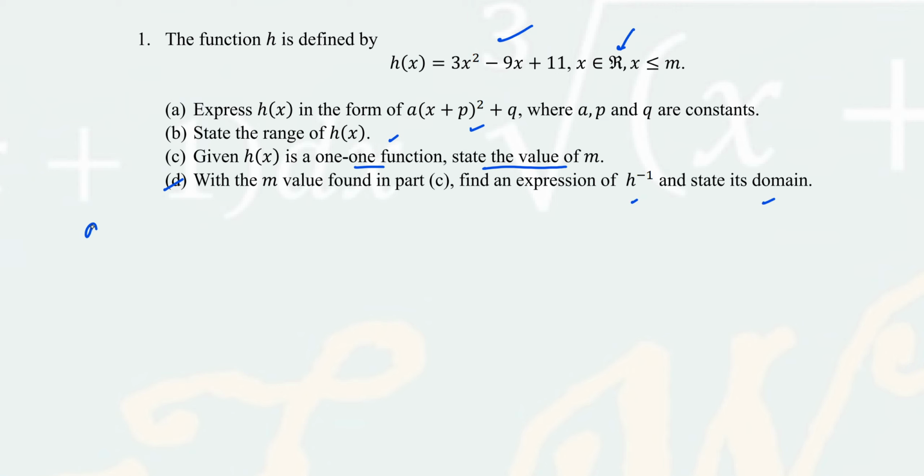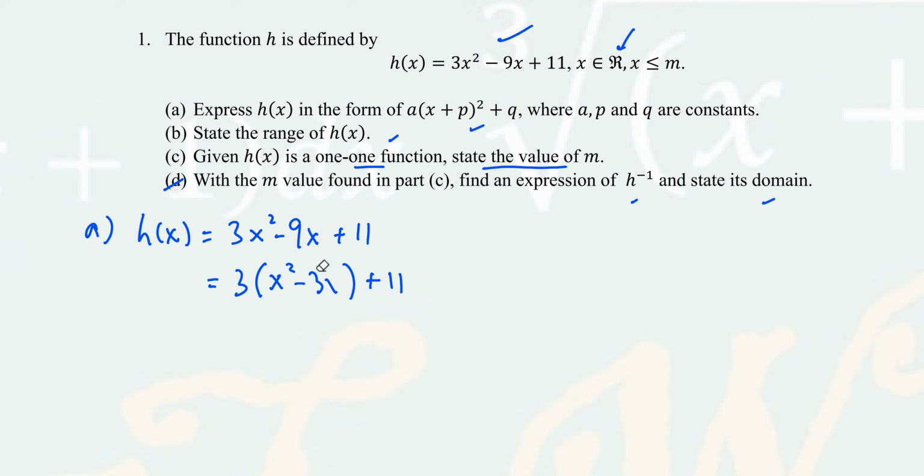First of all, you have to express h(x) in the completed square form, so we have to use the completing the square method. For this, you must make sure the coefficient for x squared is positive 1. This can be done by factorizing positive 3, the coefficient for x squared, which gives x squared minus 3x, and then plus 11, just leave it outside.